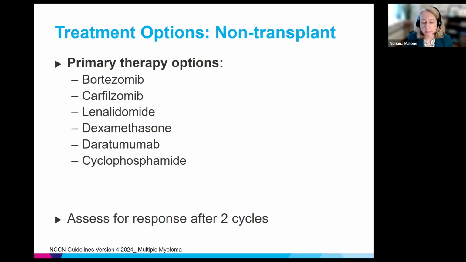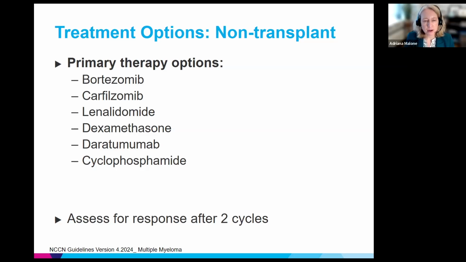In the past, melphalan was commonly incorporated into frontline regimens of patients who were transplant ineligible. The reason why we no longer do this is because melphalan can affect the ability to harvest stem cells, and sometimes it may not always be clear if a patient is transplant eligible or not at the time of initial presentation.